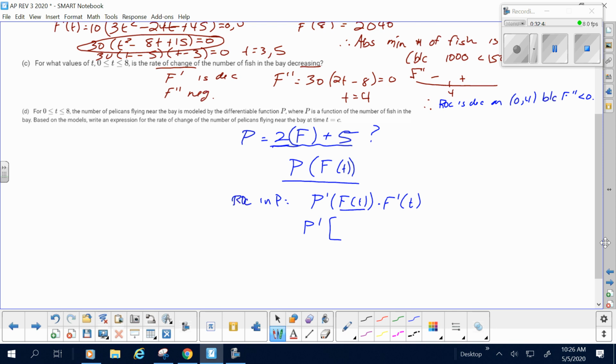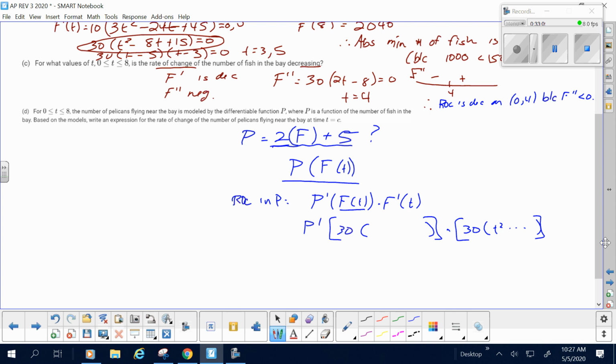So F is the 30 times the cubey kind of thing, and F prime is the 30 times the squaredy kind of thing, and actually show F of t and F prime of t in. So the big idea though was use the chain rule. All right, that was a tough one.